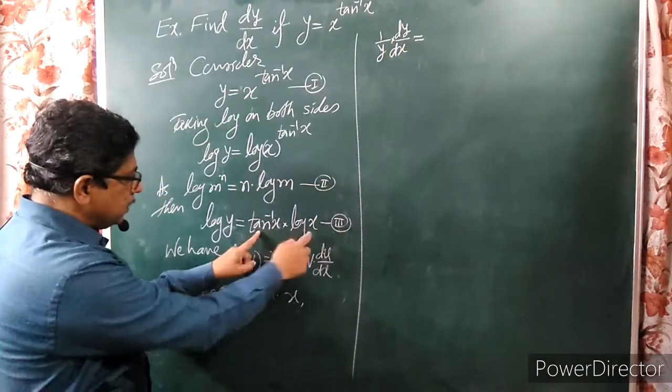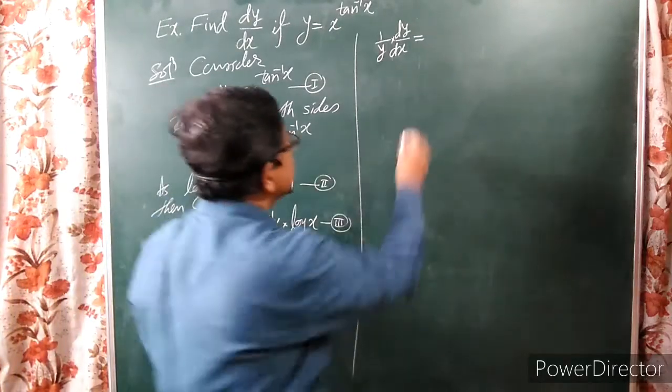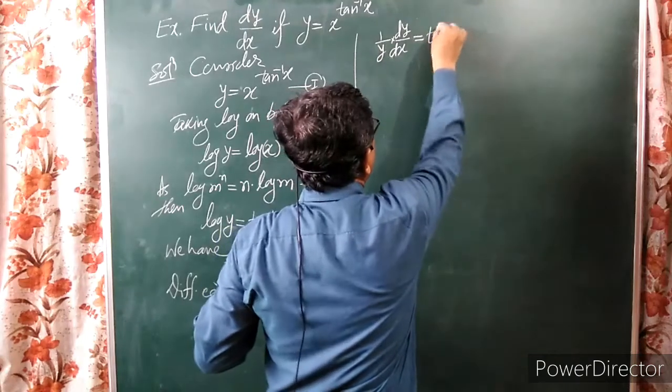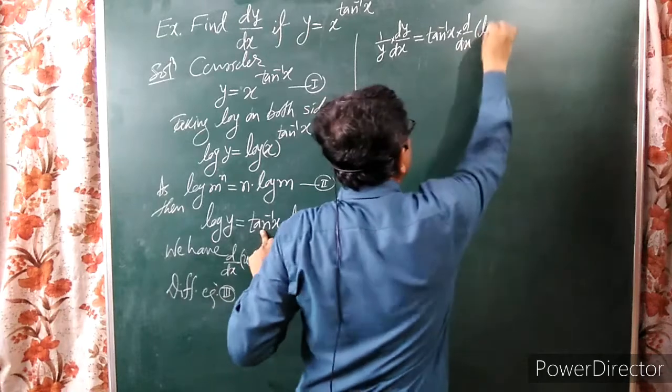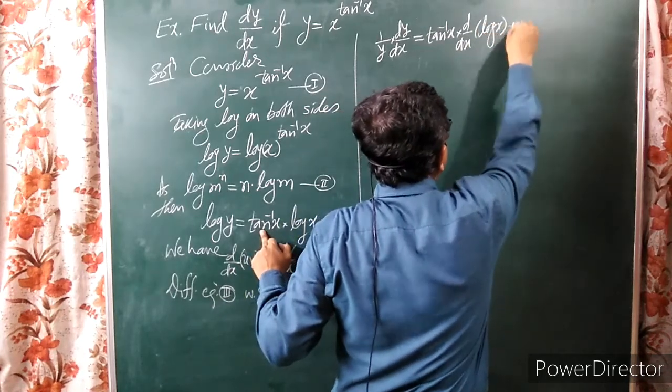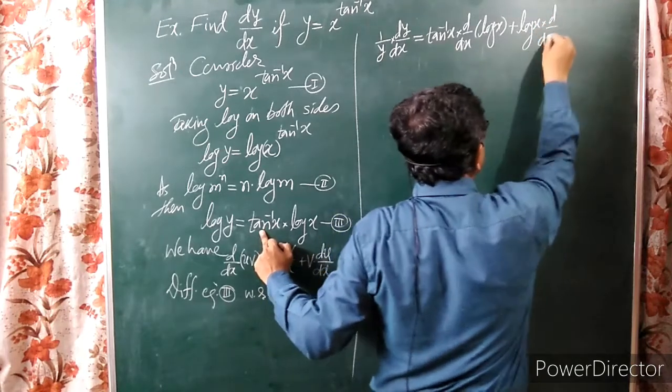Now we'll consider this its product, derivative product. So first term as it is tan inverse x into derivative of second. ही स्टेप अवॉइड करू शकता, डायरेक्ट डेरिव्हेटिव्ह लिहू शकता. सगळ्यांना समजावं म्हणून ही स्टेप करतो.